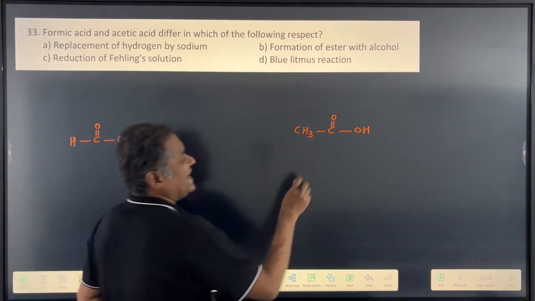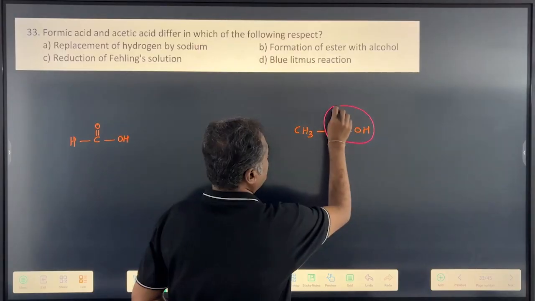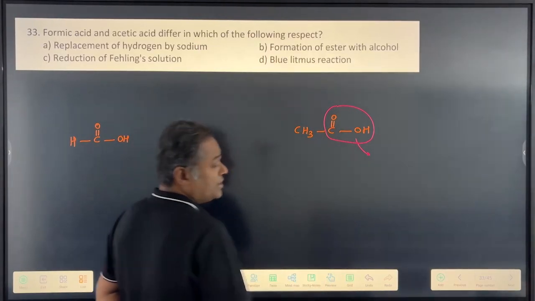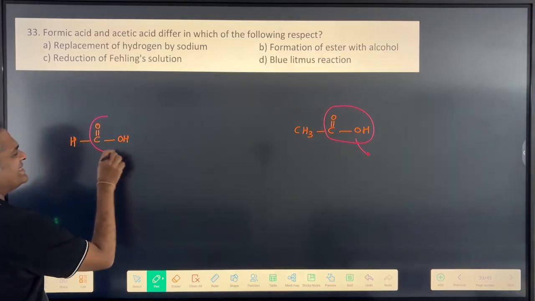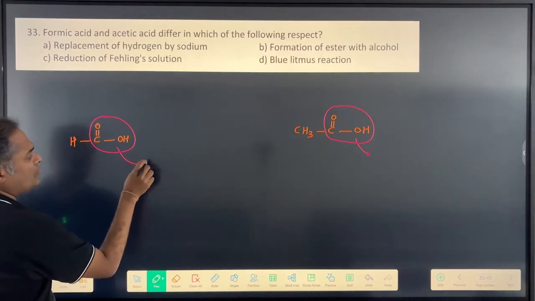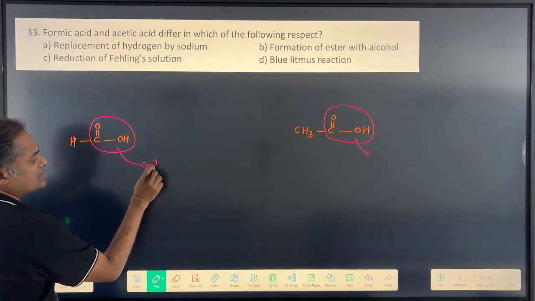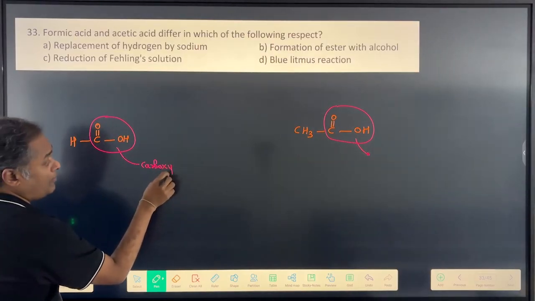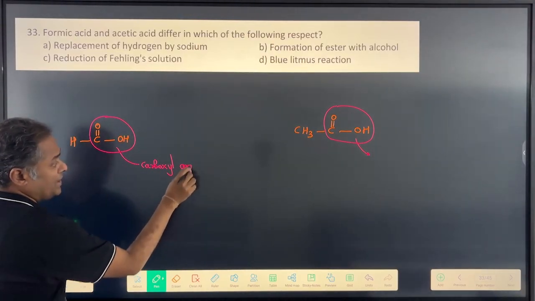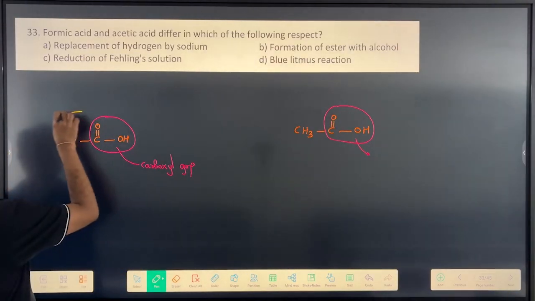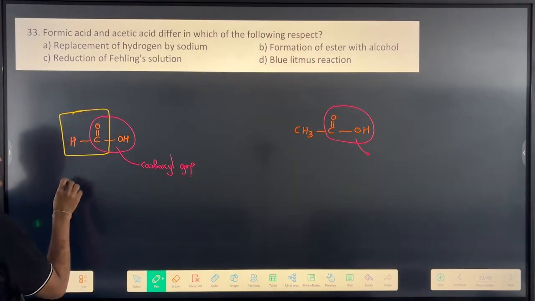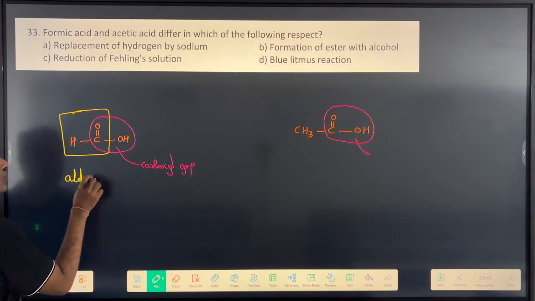Acetic acid contains only one functional group, which is the carboxylic group, correct? Whereas formic acid contains the carboxylic group, correct? Now apart from the carboxylic group, it contains one more group also, and that group is called an aldehyde group.